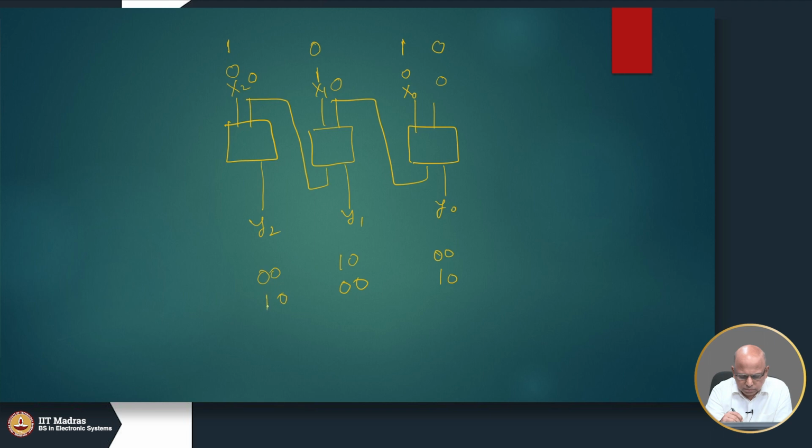So, 0 1. So, you can see that in the second vector this guy got 0 0, this guy got 1 0. So, in every cell, okay, this is a half adder cell, we have to apply 0 0 1 0.